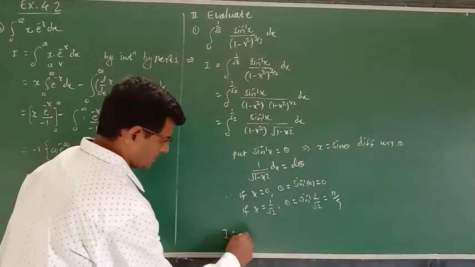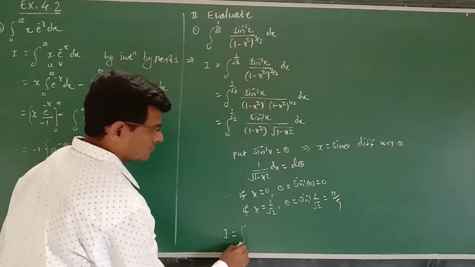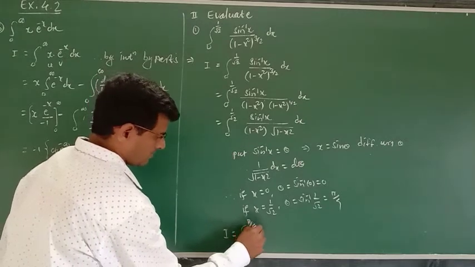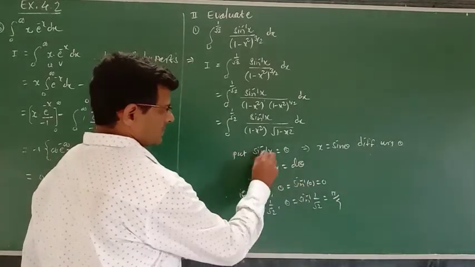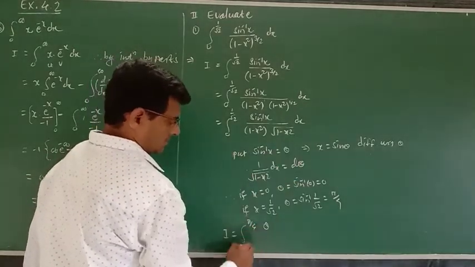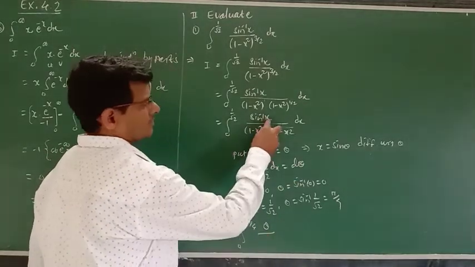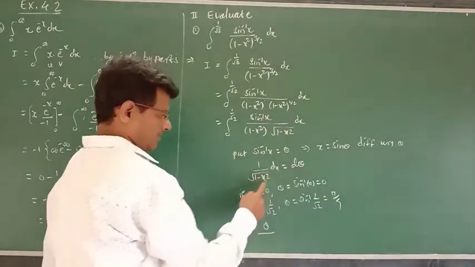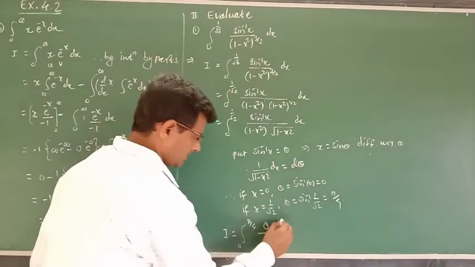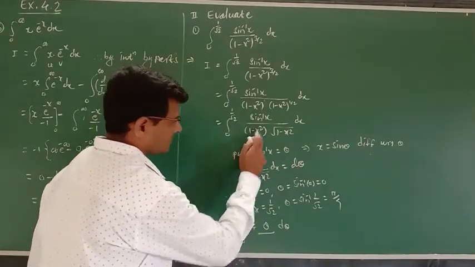So the definite integral I is equal to the integral from 0 to pi by 4 of a new integral: sin inverse x is theta, dx upon root 1 minus x square is d theta, divided by 1 minus x square.